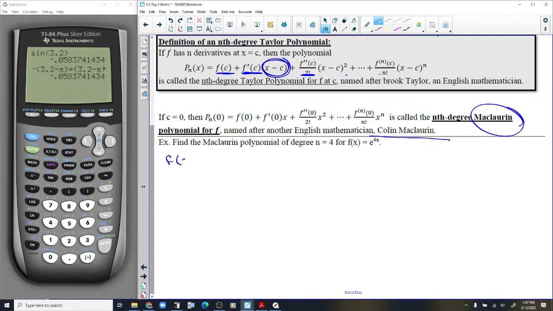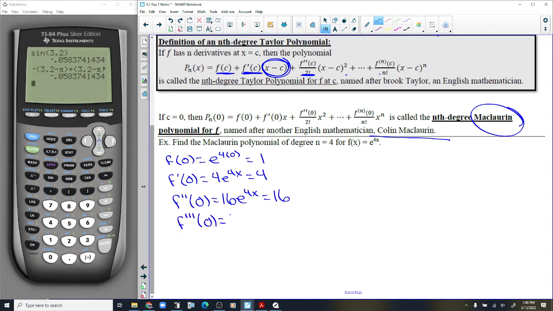Find the Maclaurin polynomial of degree n equals 4 for this one. So f of 0 is equal to e to the 4 times 0, which is 1. The first derivative is 4e to the 4x, so that's 4 when we plug 0 in. Second derivative is 16e to the 4x, which is 16 when we plug 0 in, and now we have 2 more to go. Third derivative, 64e to the 4x, that's 64, and the fourth derivative, 256e to the 4x, which is 256.